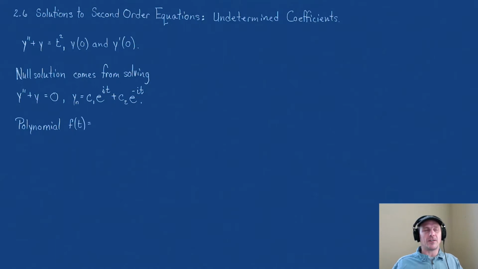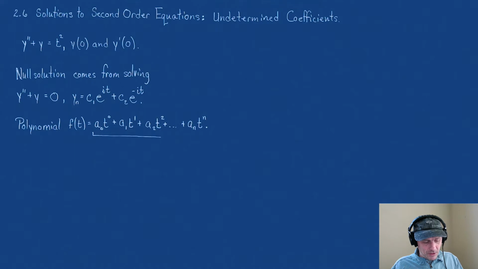All it is is a number times a variable plus another number, a1, times the variable to the first power, plus another number, maybe a2, times the variable squared, plus, and it just keeps going, where all of the exponents are positive, it ends at some point, maybe some nth term, and it'd be raised t to the n. Well, t squared is just the first three terms of these polynomials, and in this case, a0 and a1 are 0, and a2 is 1.